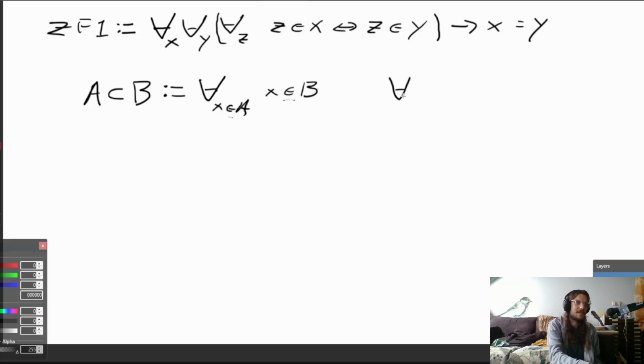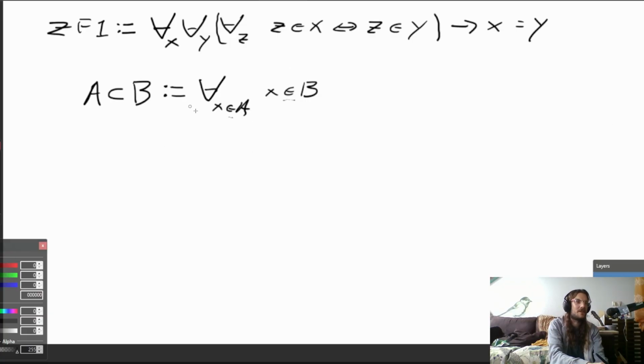The proper way to write this, by the way, is all x in A, and then here I said and, but it should be implies. So this implies x in B. This is the proper way to write this down. But this is a shorthand that you see used all the time. So I'm not going to use the proper way because I want to teach you the standard dialect also.